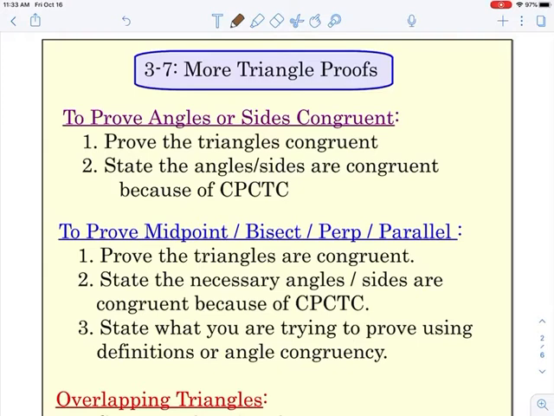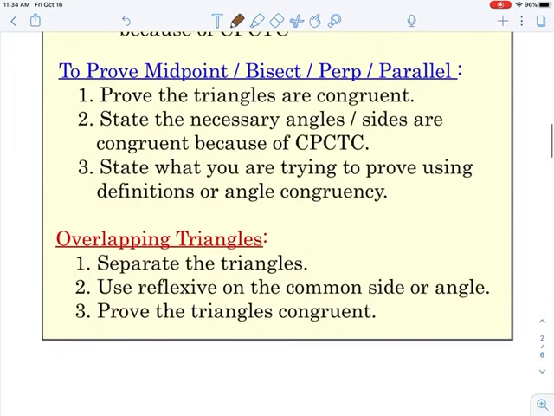To prove angles or sides are congruent, just like we did in the last section, the first thing we have to do is prove the triangles congruent. Then we state the angles or sides that are congruent because of CPCTC. Okay, we did that yesterday. What we're going to add today is if you want to prove that something is a midpoint or something bisects, you might have an angle bisector or a line segment bisector, or if you want to prove that something is perpendicular or parallel, again, we first have to prove that triangles are congruent.